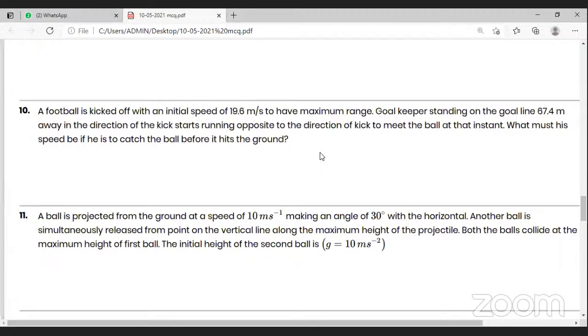A goalkeeper standing on the goal line 67.4 meter away in the direction of the kick starts running opposite to the direction of kick to meet the ball at that instant. What must his speed be if he is to catch the ball before it hits the ground? Okay, very good. All of you, please try to understand the question first.